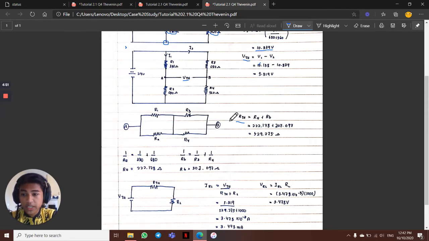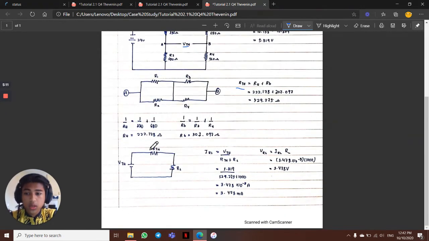In order to find RTH, we must calculate the circuit in parallel based on the circuit from A to B. So RA is representing R1 and R2, meanwhile RB is representing R3 and R4.